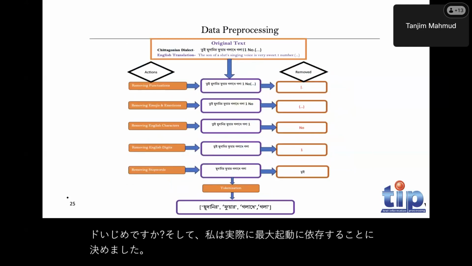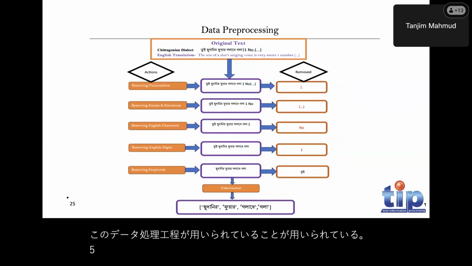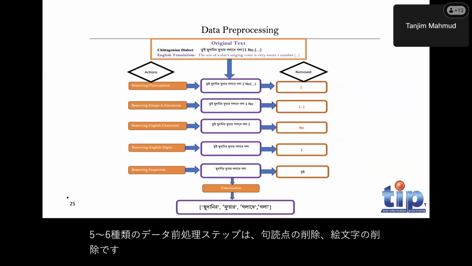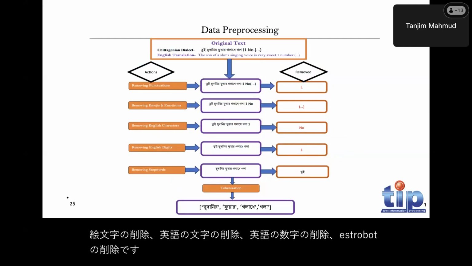For data processing, I have used six types of data pre-processing steps: removing punctuation, removing emoji and emoticons, removing English characters, removing English digits, and removing stopwords. This is the scenario of my data pre-processing.